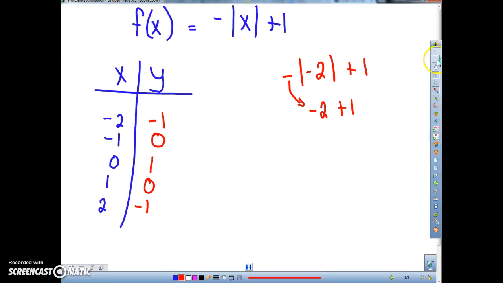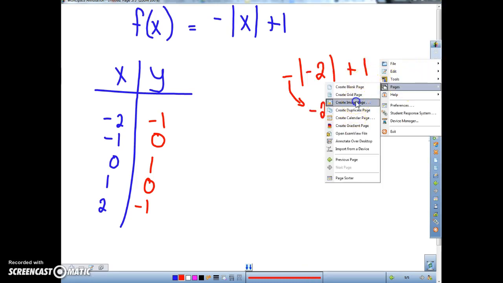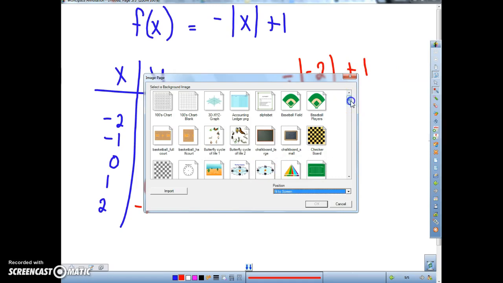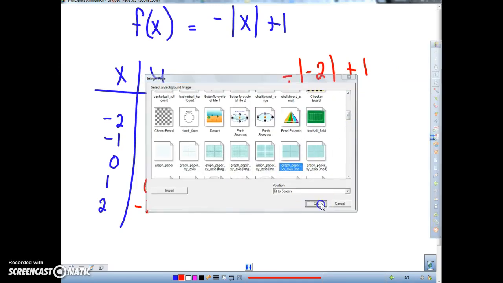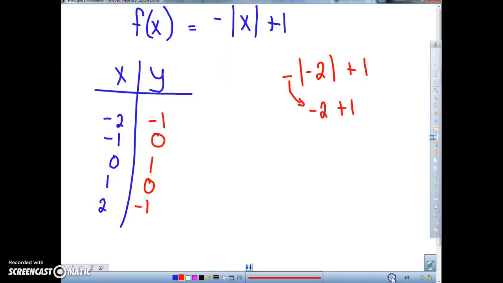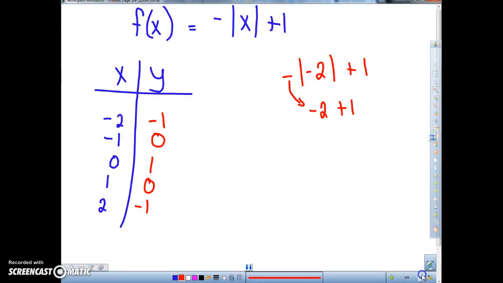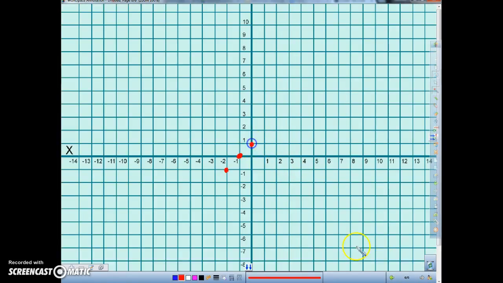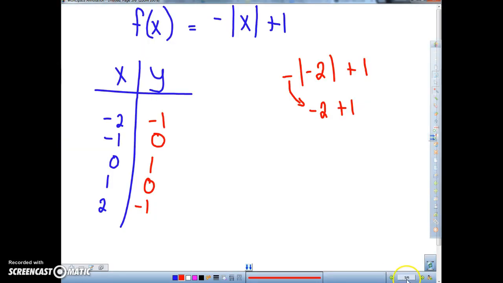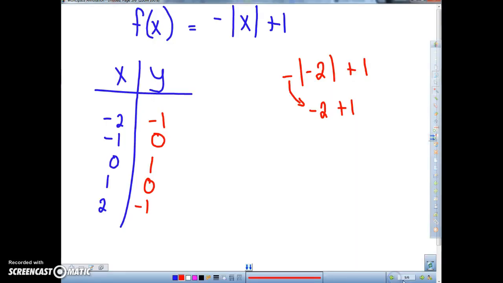Okay, so now since you've checked your chart, let's go ahead and plot our points. We have found our turning point there.